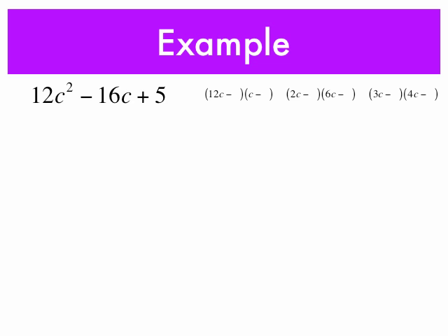So I could list each way that 5 factors for each of those guessing frameworks, or I could instead say, let me put 5 in the fixed spot, and then I'll just list all the factors of 12 for the first part of the parentheses. It's very, very similar to what we did before, but instead of listing all the choices for the second spots, I'm listing all the choices for the first spots, because there's only one way that the second spot can factor.